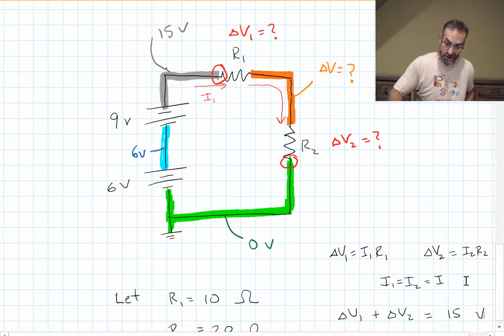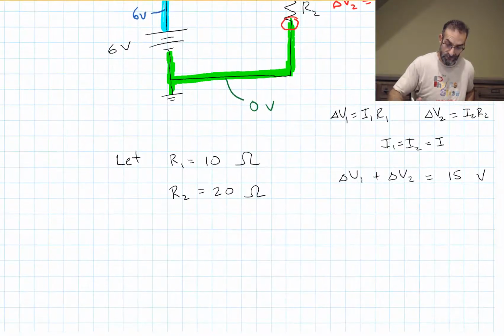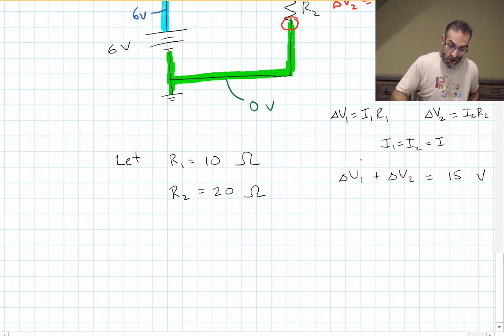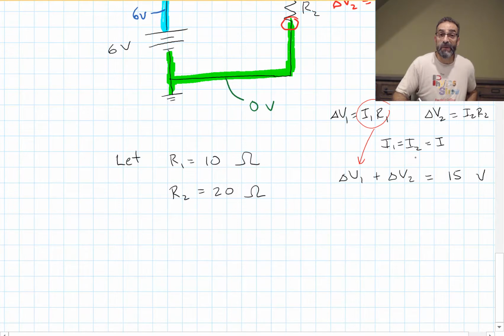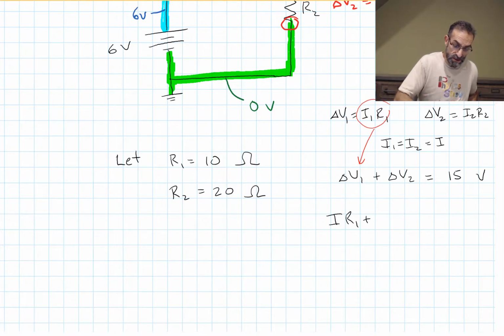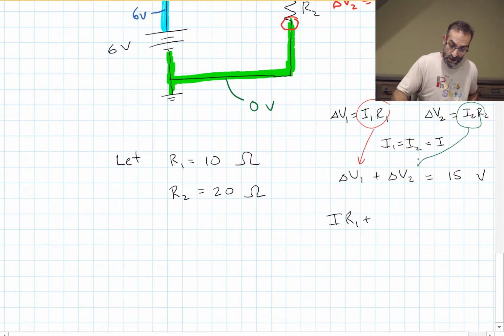So let's do a little algebra. For delta V1, I'm going to substitute in I1 R1, and I1 I'm just going to call I. And for delta V2, I'm going to substitute in I2 R2, but remember the I's are all the same. And what do I get?